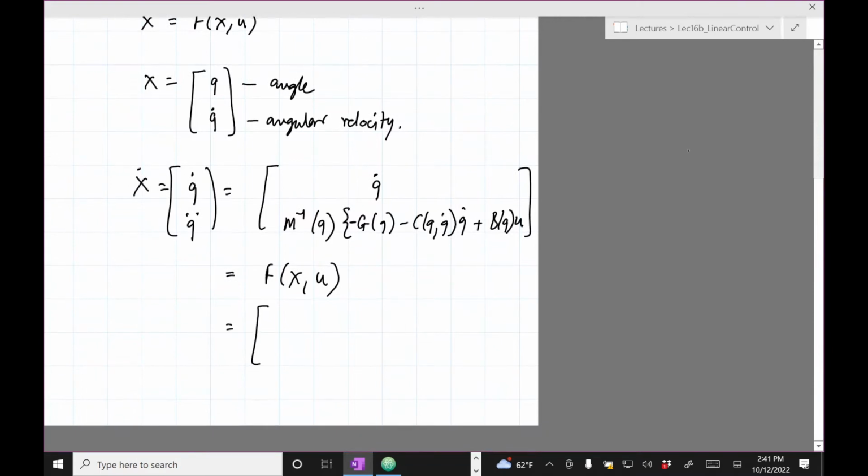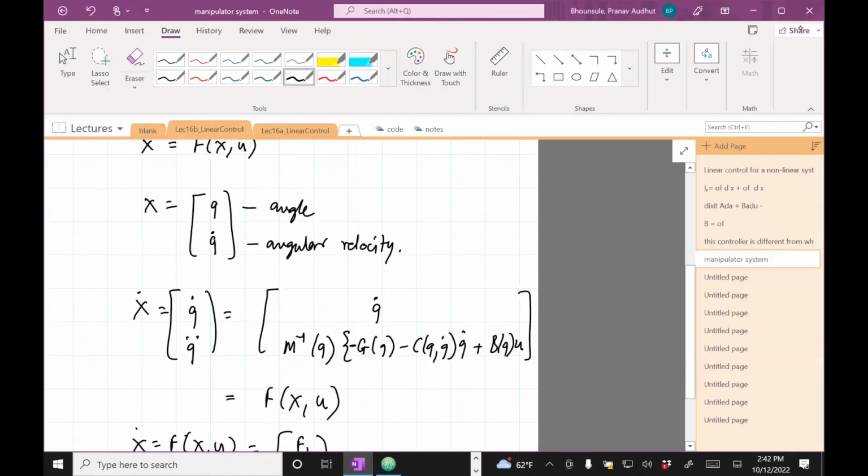This is f1, f2. Yeah, I wrote it down because it will simplify. We can do it step by step instead of just writing down final values.